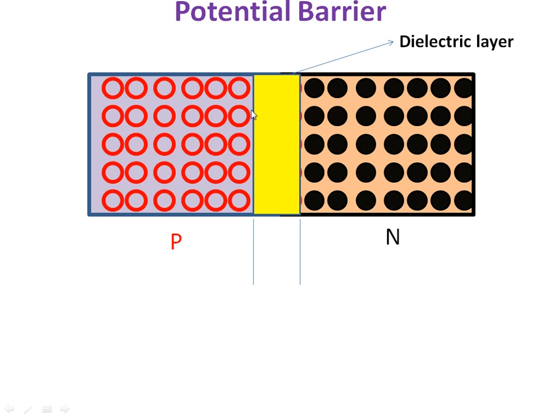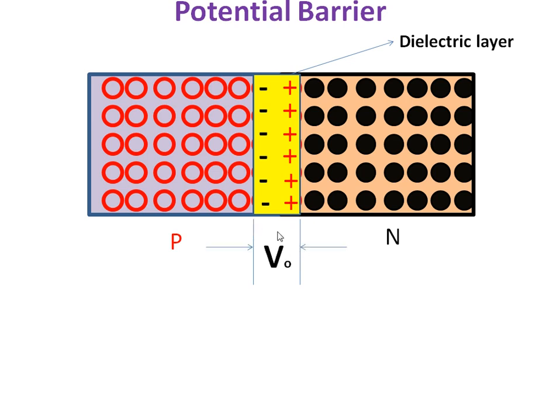Automatically dipoles are induced, because the positive holes induce negative charge on the dielectric, and the negative charges induce positive charges on the dielectric. So there is a plus and minus, and in between an electric field is developed across this.